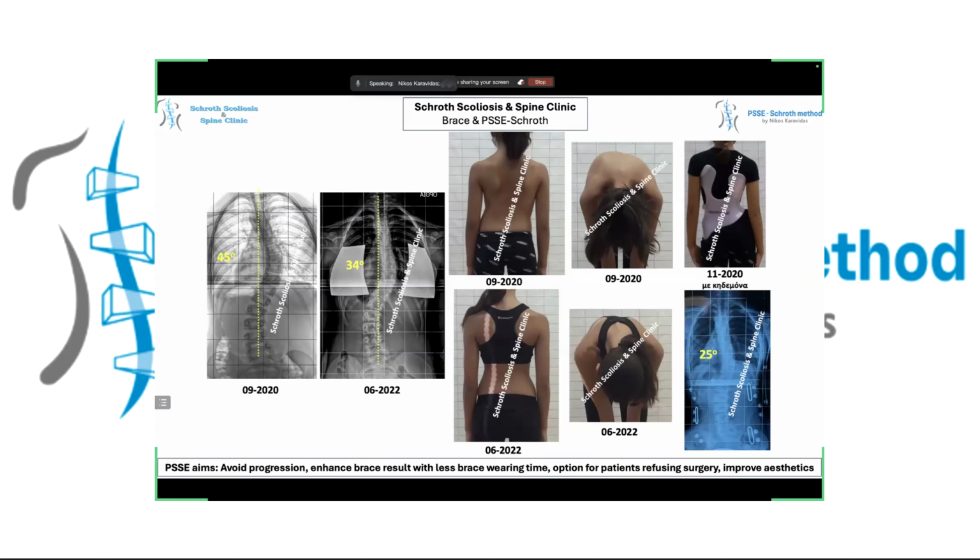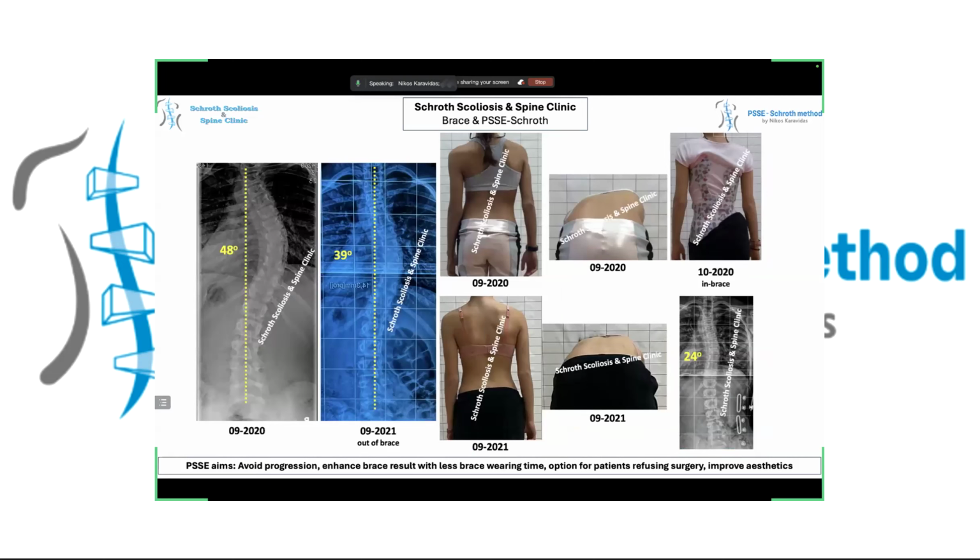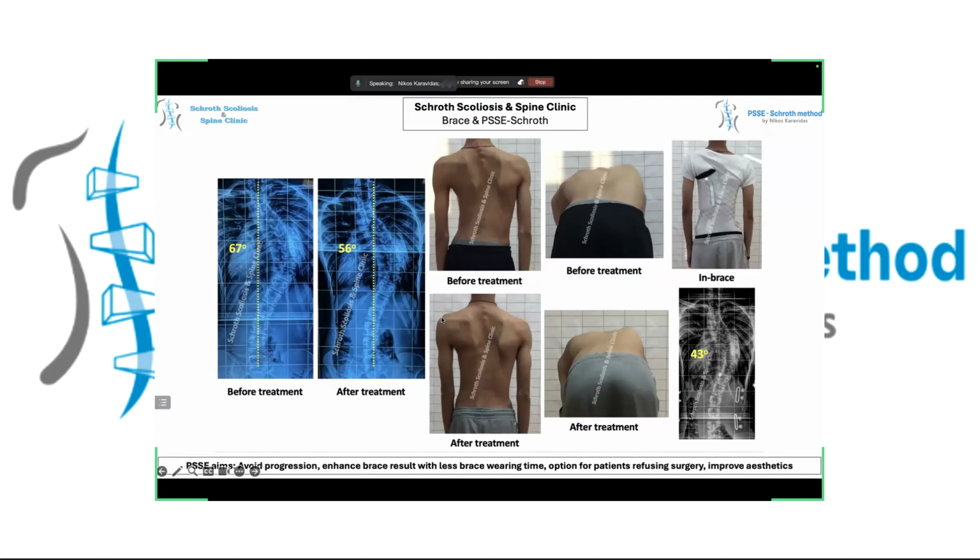Another person that was recommended for an operation, having a curve of more than 40 degrees, from 45, we went down to 34. Another one, from 48, we went down to 39. And look at also the improvement of the trunk rotation in this patient and the body balance. Or even more severe cases like this one, from 67 degrees, we went down to 56 degrees.